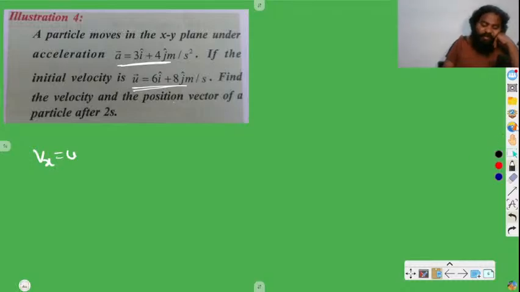Of course you can do it like that also, but here you can solve this very simply. Instead of finding the x component and y component, directly v bar is equal to u bar plus a bar t. V is equal to u plus at formula.